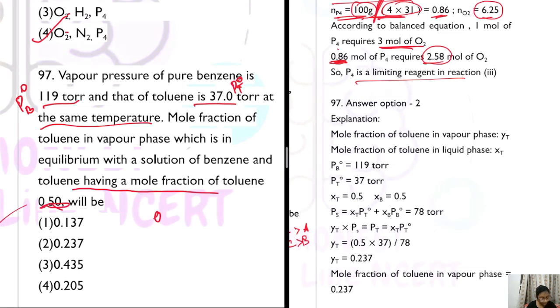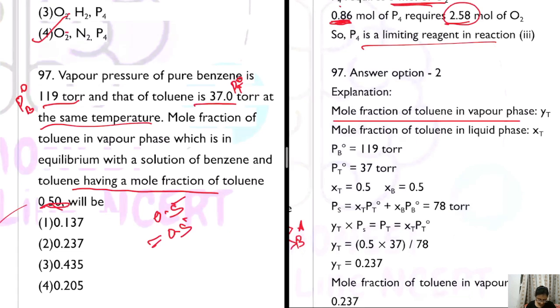So 1 minus 0.5 will give 0.5, which will be for benzene as well. Let's see. The mole fraction of toluene in vapor phase is YT, and in liquid phase it is XT.